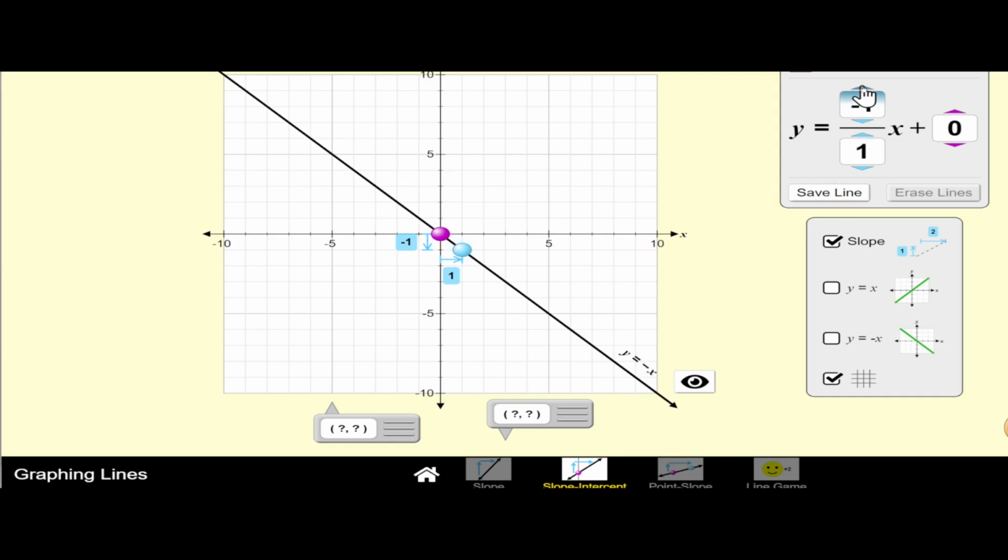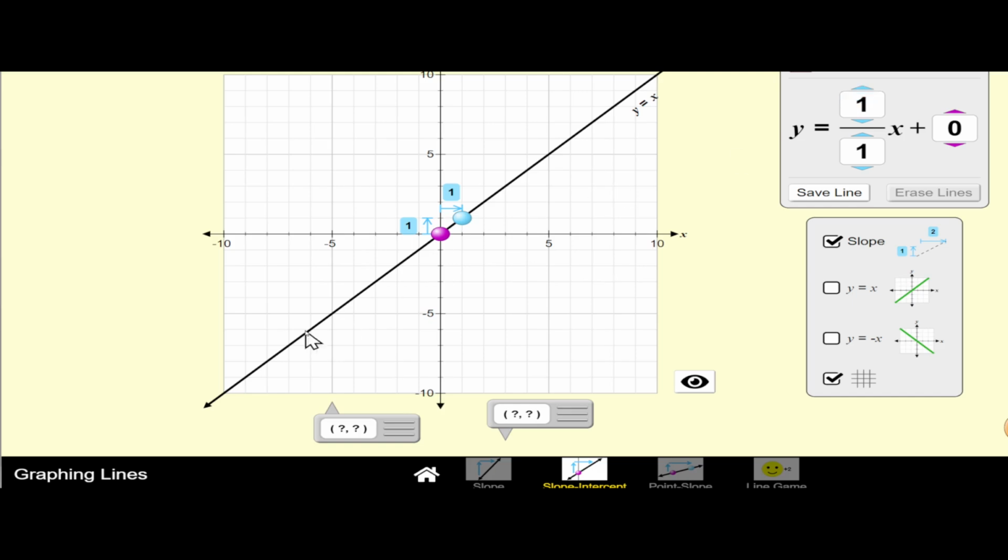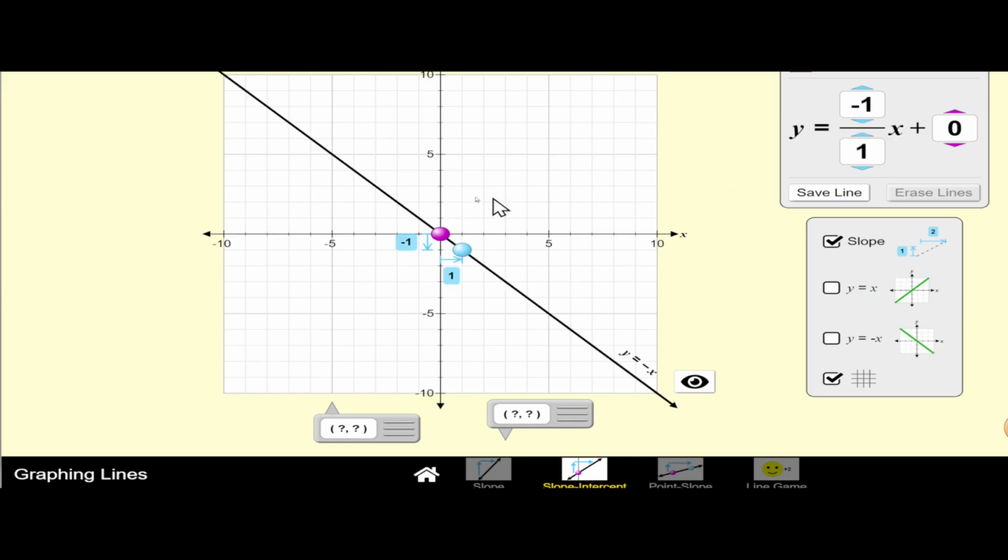So the way to remember it, just imagine a little man or a little woman running across from left to right. If they have to run uphill, it's a positive gradient. If they have to run downhill, it's a negative gradient. So the number in front of the x, the coefficient, the gradient, is the steepness.